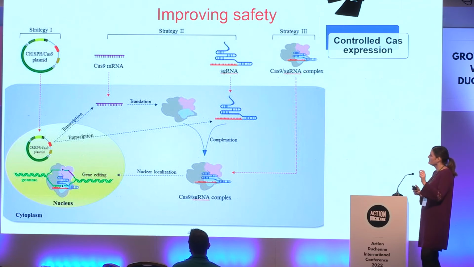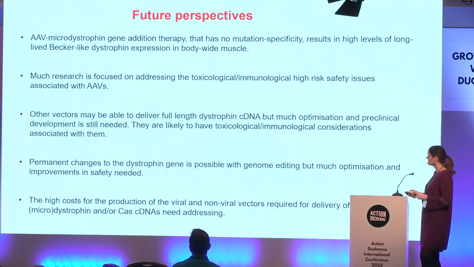But a way of restricting the expression is to use what are called inducible promoters. So you can get promoters that are switched on by light or switched on by using an antibiotic, so we can just give transient expression and then it disappears. So this is all being looked at and developed.